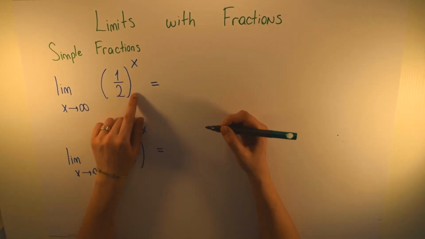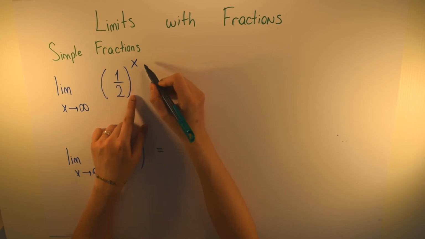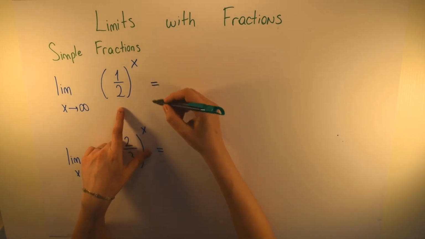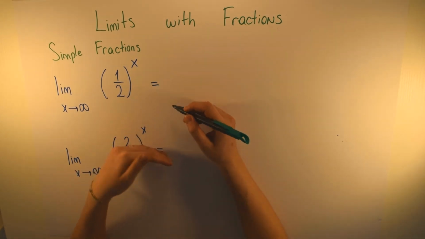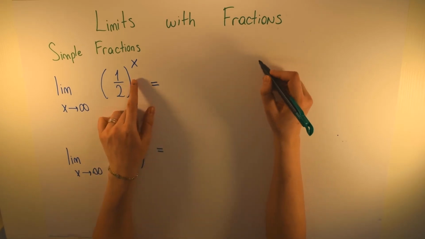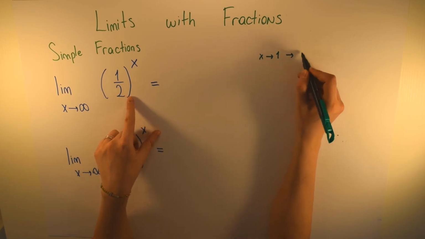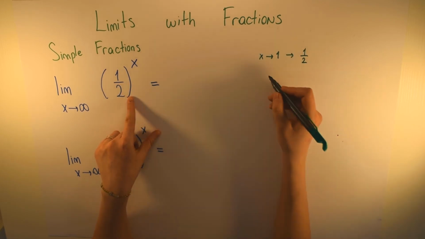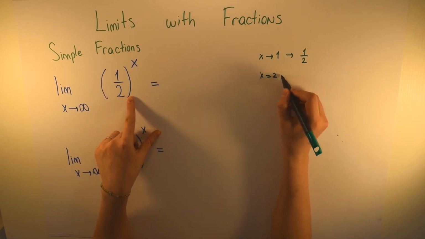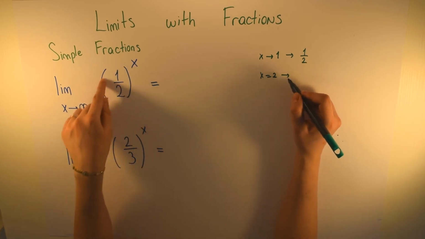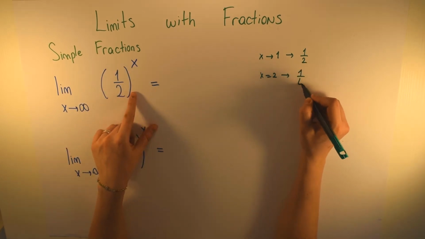In this fraction, as x approaches infinity, the exponent is increasing, right? Let's say, for example, x is equal to 1. When x is equal to 1, our fraction is 1 over 2. When x is equal to 2, our fraction will be 1 over 4, right?